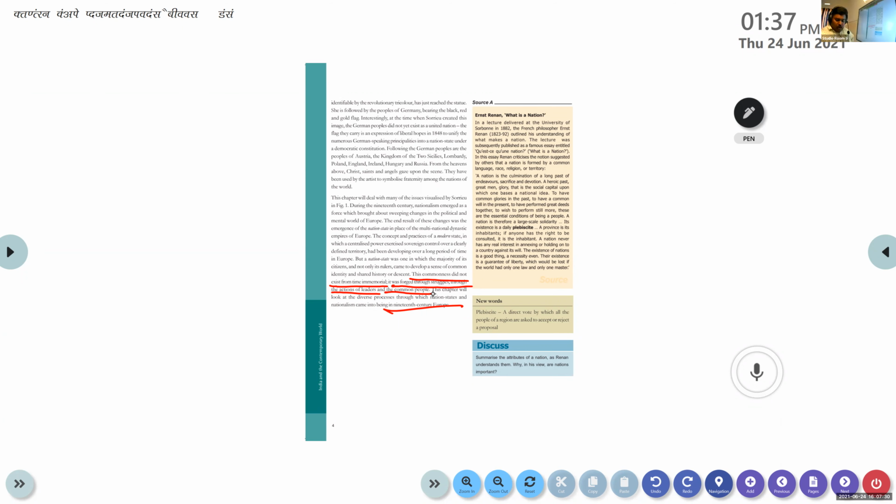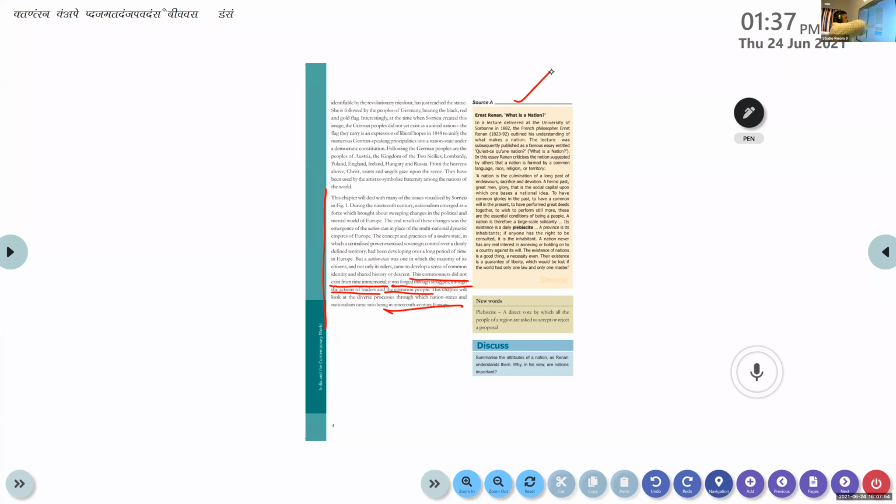Okay, so the answer is here: what is a nation state and how the feeling of oneness or commonness is forged in Europe. So understand that properly. Okay, clear?